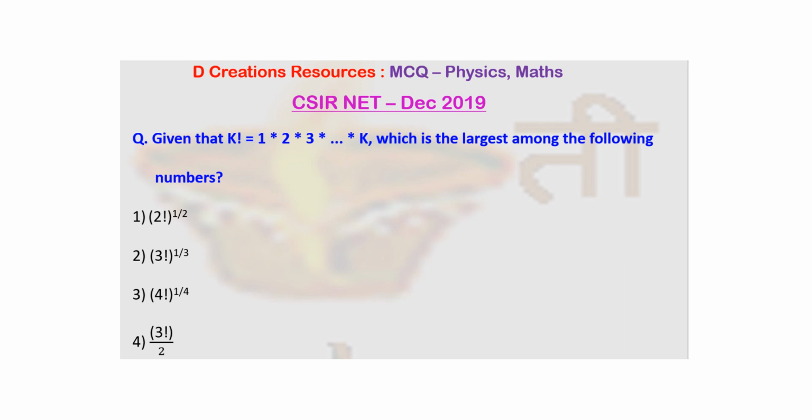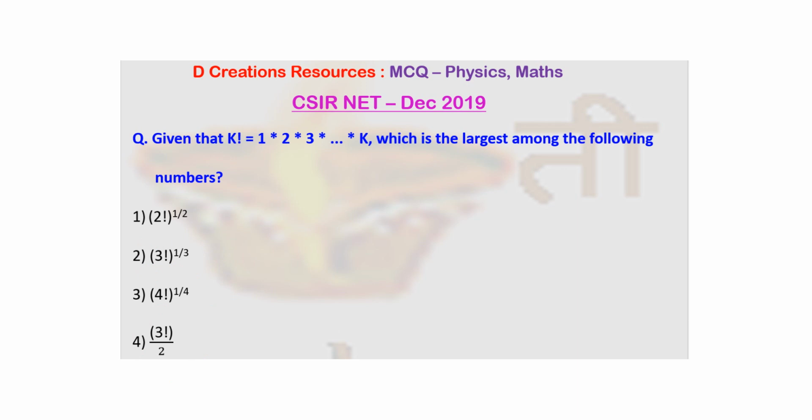The options are: first, 2 factorial raised to half, or square root of 2 factorial. Second, cube root of 3 factorial. Third, 4 factorial raised to 1/4. And the last option is 3 factorial divided by 2.